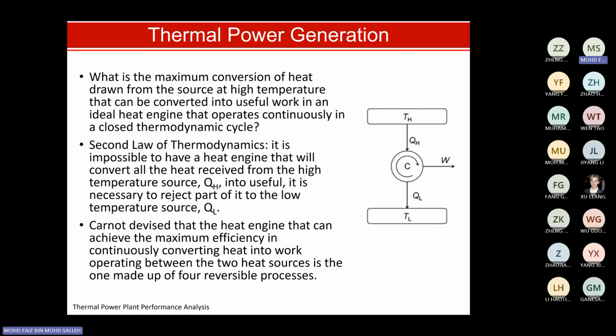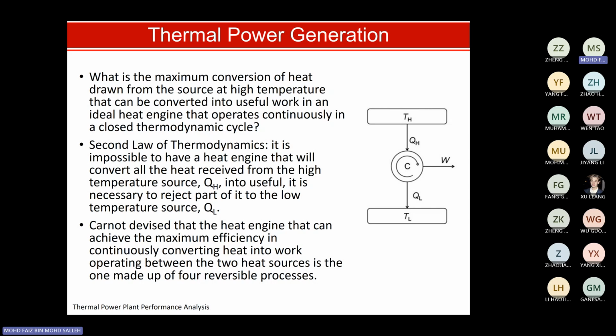Okay? When we deal with this kind of heat, usually we will have a thermodynamic cycle. I explained to you two kinds of thermodynamic cycle. One is called the Carnot cycle, which is the ideal heat engine that we can convert into a closed cycle.